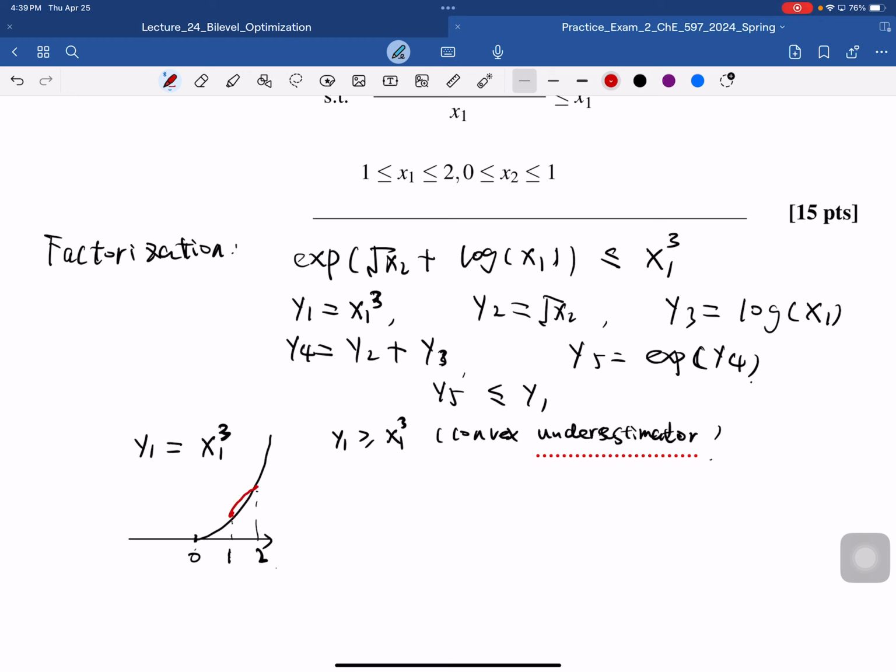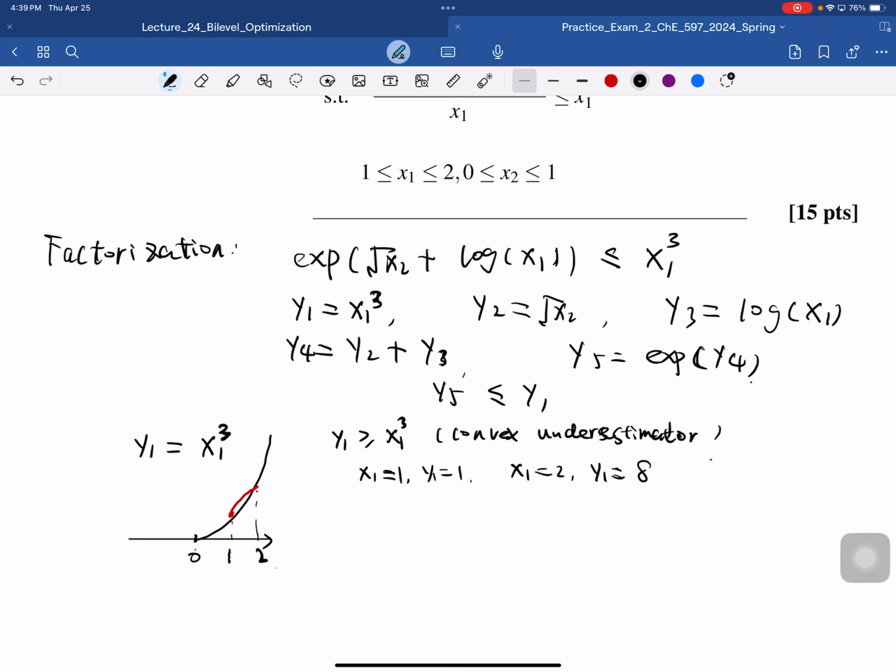When x1 equals 1, y1 equals 1. When x1 equals 2, y1 equals 8, right?